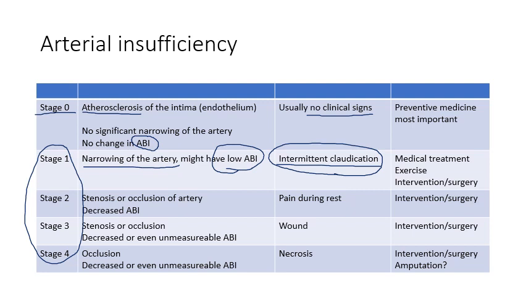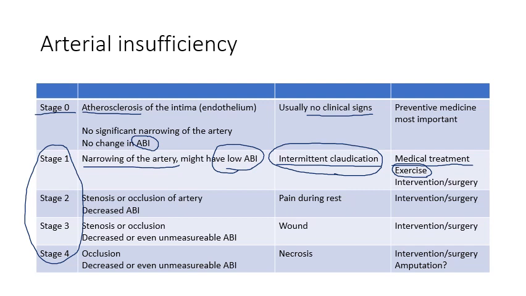And what we do is we give them best medical therapy, which includes cholesterol lowering medication and antiplatelet medication. And we tell them to exercise because this is not dangerous. We're not talking about the heart. This is not angina. So you're not going to cause a heart attack in your leg.